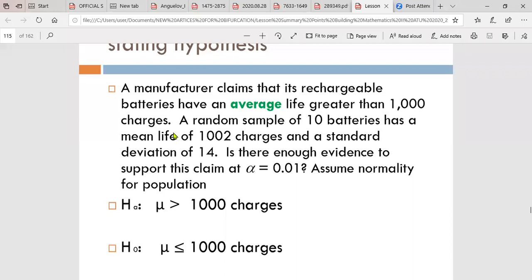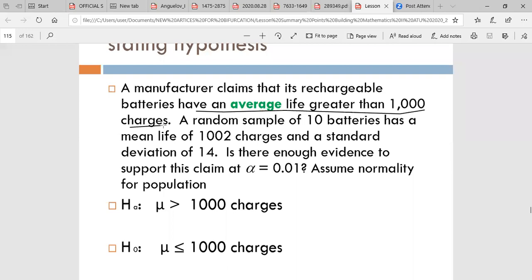So, the first thing we said, the manufacturer claims that its rechargeable batteries have a lifespan, okay? So it says have what? An average life greater than what? 1,000 charges. That is the claim, okay? So the first step is to write this in a mathematical form.